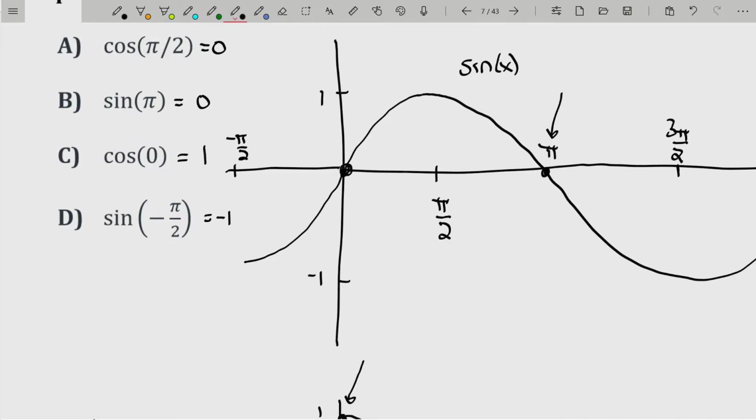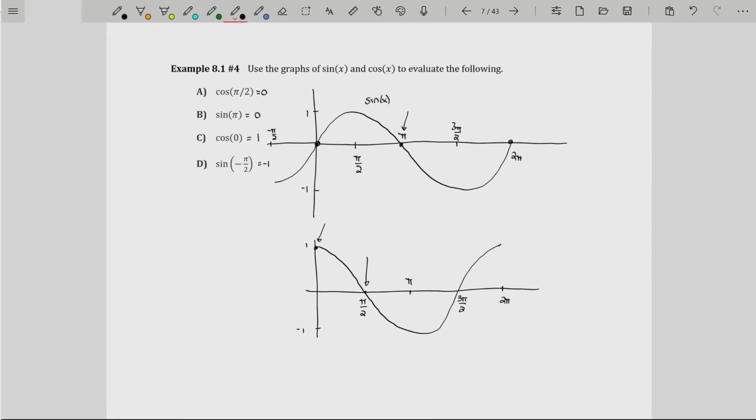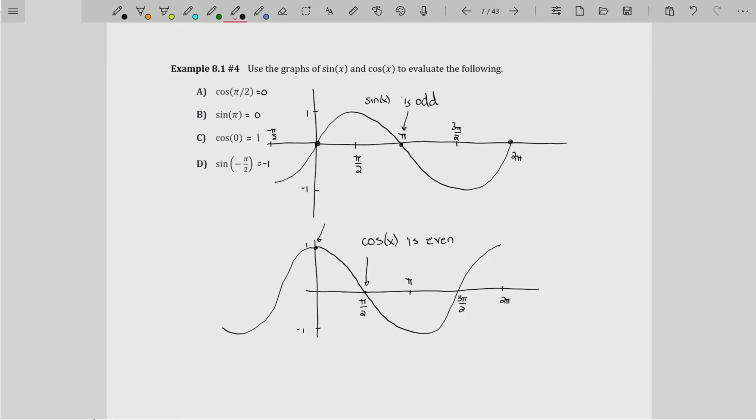And this brings up a really important point here, that these functions have odd and even identities associated with them. You should recall that sine is odd and cosine is an even function. And so even functions are symmetric about the y-axis. Odd functions are symmetric about the origin.